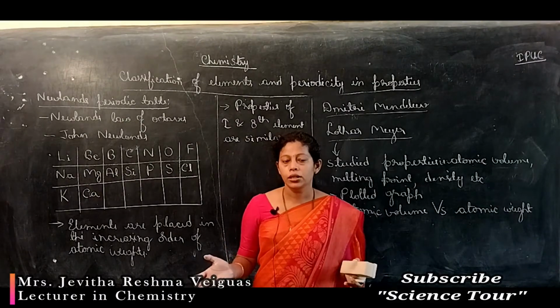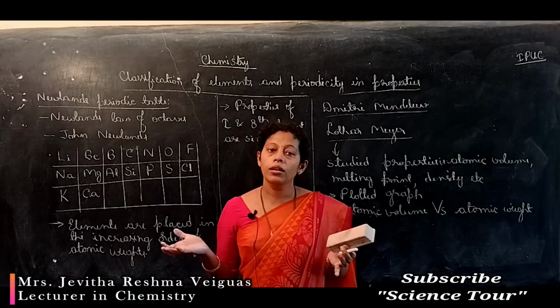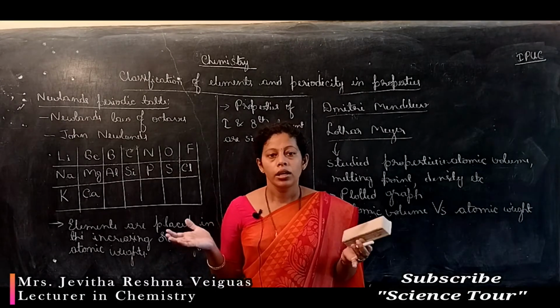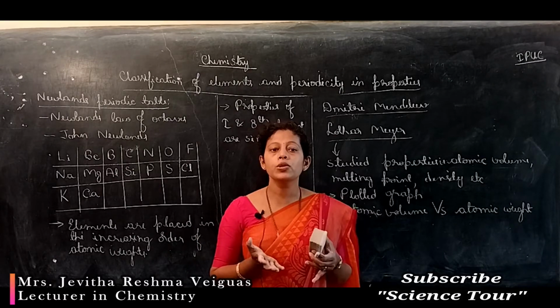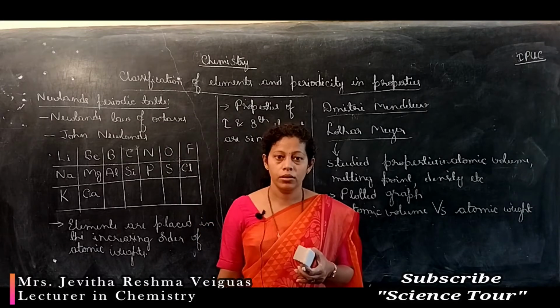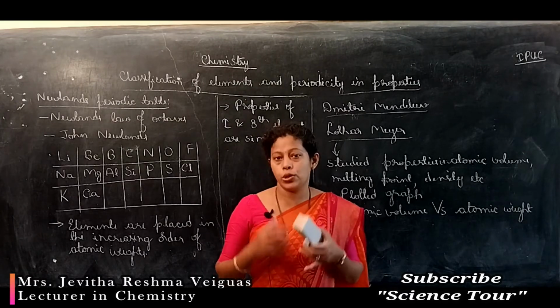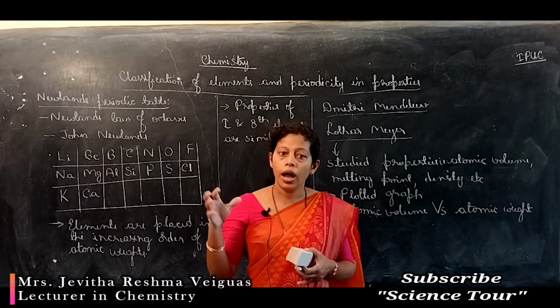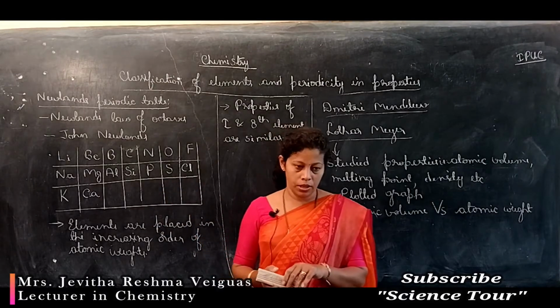After that, he segregated the cards. He placed the cards together where the properties of the elements were found together. For a few elements, properties were similar. Such elements were placed together, their cards were placed together. And based on this, he formulated a periodic table.